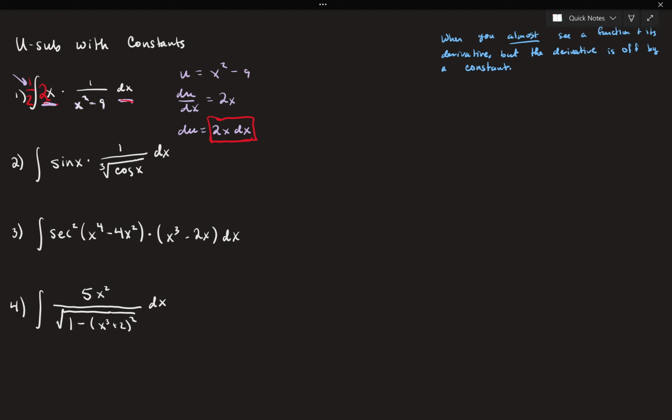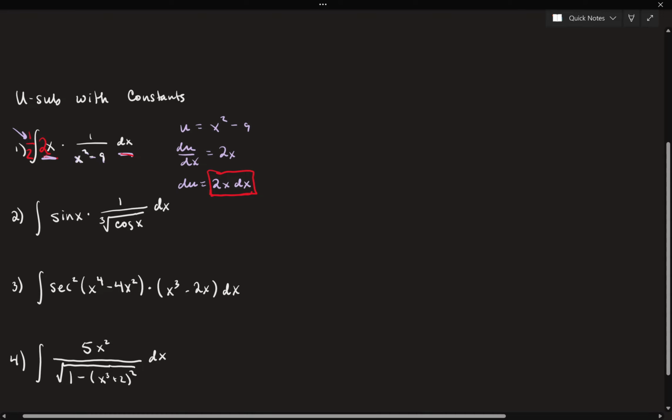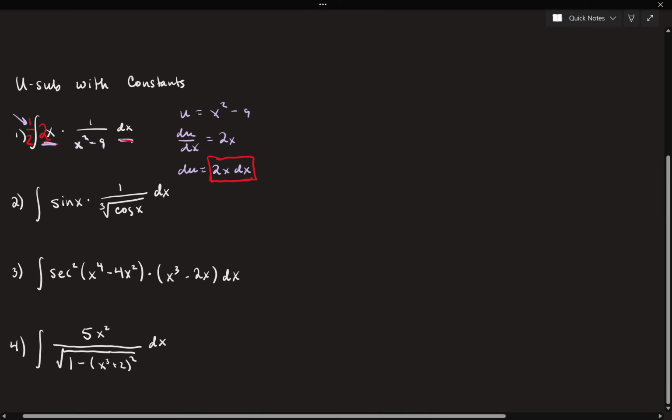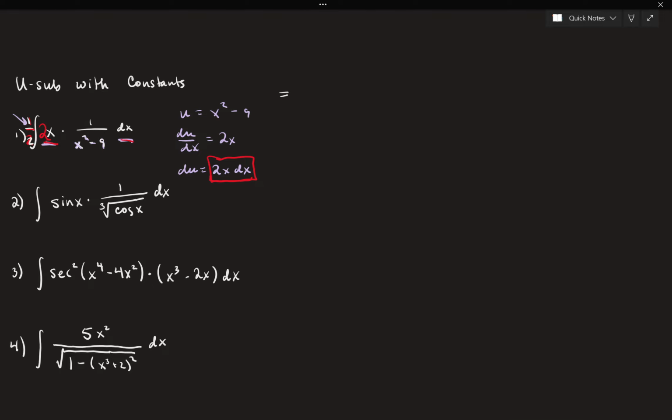So now let me actually go through with it. I'm going to delete this text up here so I can make more room. I have this 1/2 still out front. You can't forget that. Integral of 2x dx, cancel, cancel is du.